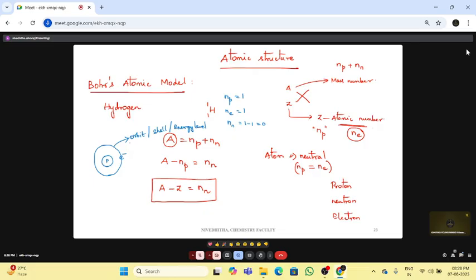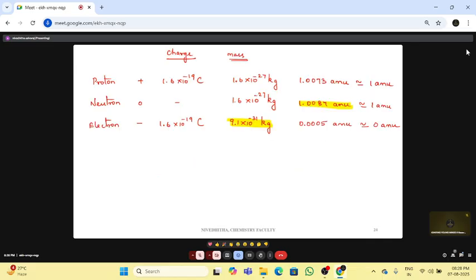So the electron revolving around the nucleus will have some amount of energy, and there is a formula to calculate that energy.